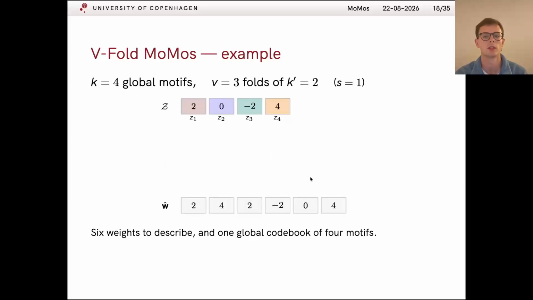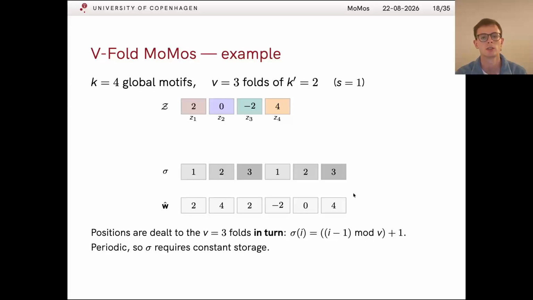So we have the weight, the vector that we want to compress, then we have the codebook, and we introduce a partitioning on the blocks. Here, to simplify, we use a block size of 1, but it doesn't matter, it can be a bigger block size.